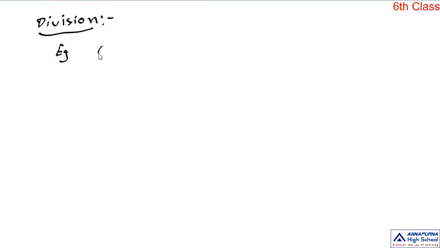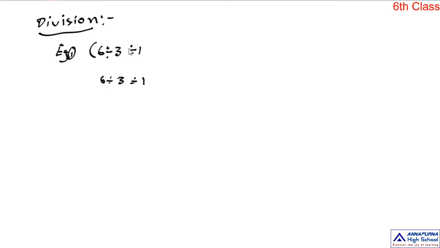First example, 6 divided by 3 divided by 1. 6 divided by 3 divided by 1.